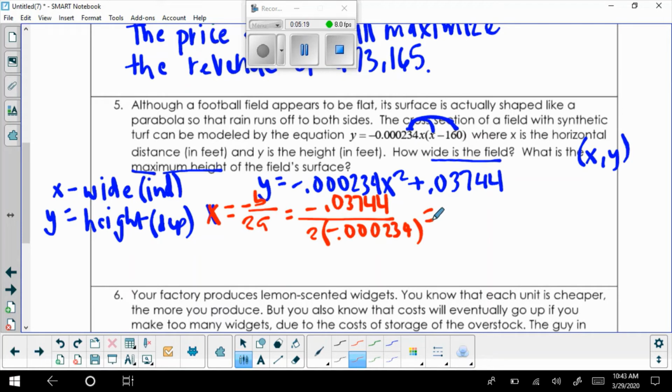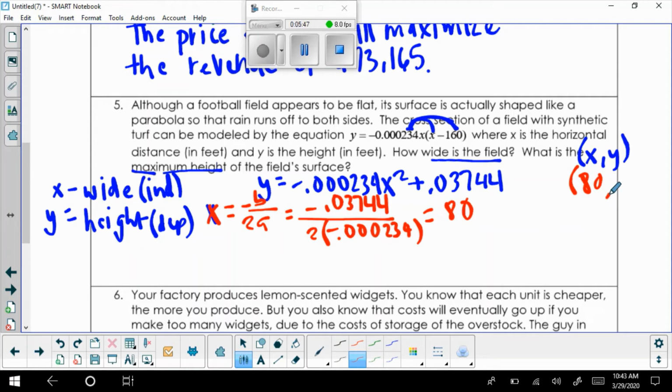We have a lot of decimals going on. So when we hit our fraction button, negative 0.03744 over 2 times negative 0.000234. And then we get 80. Okay, so we just found the x of our vertex to be 80.